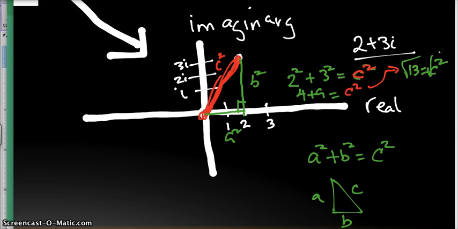I take the square root of it. So both sides I take the square root of, and I get c is equal to the square root of 13. Let me write that in red so we know what we're talking about. And so when I talk about the absolute value of a complex number, in this case, the distance from the origin to that number on this imaginary plane is going to be the square root of 13.